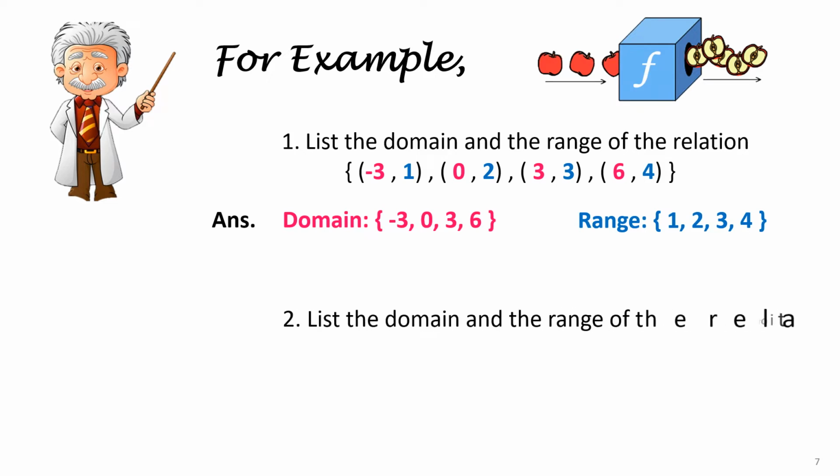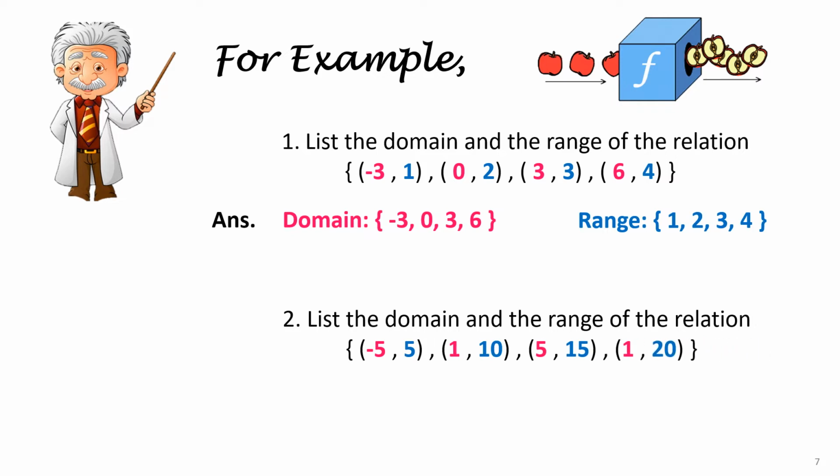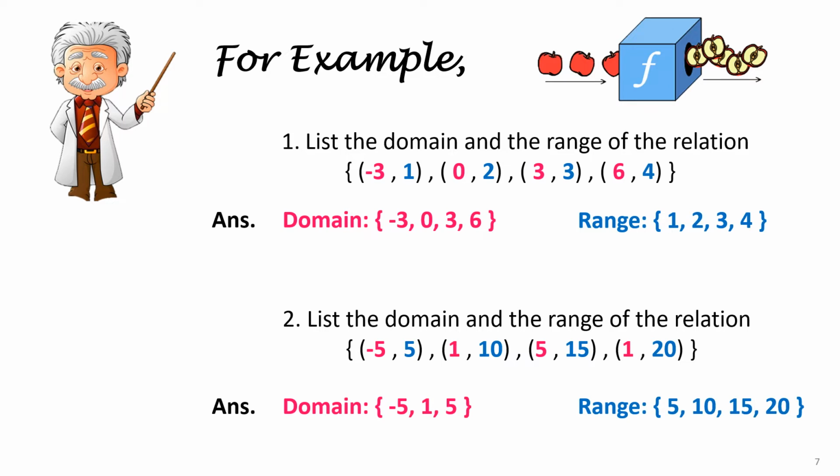Example number 2. List the domain and the range of the given relation. Again, very simple. The domain is -5, 1, and 5. On the other hand, the values of our range in the problem are 5, 10, 15, and 20.